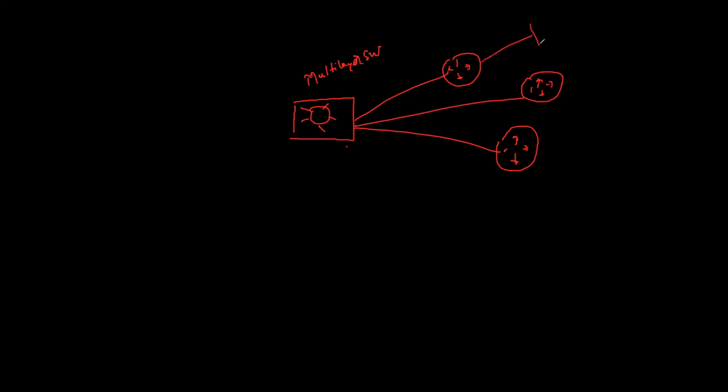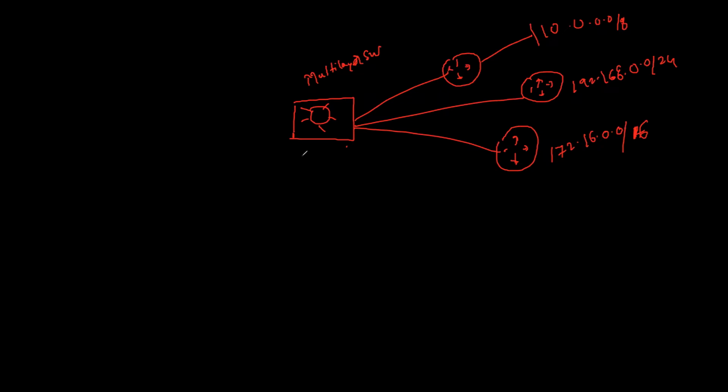So let's say from here it is learning the 10.0.0.0/8 network, from here it is learning the 192.168.0.0/24 network, and maybe from here it is learning 172.16.0.0/16. So 3 networks are being learned by this particular switch from different places.